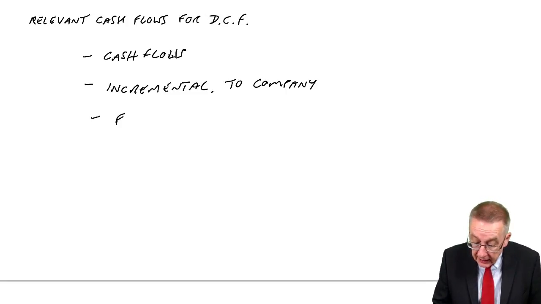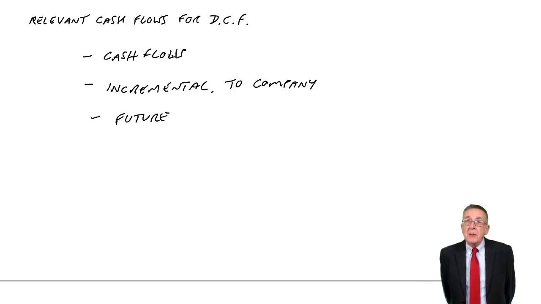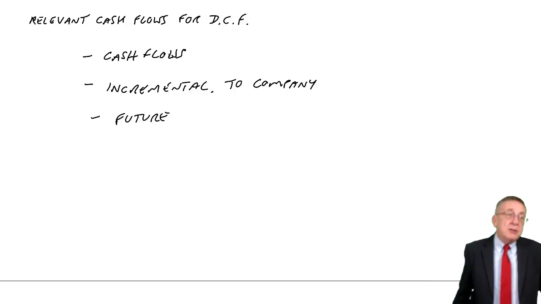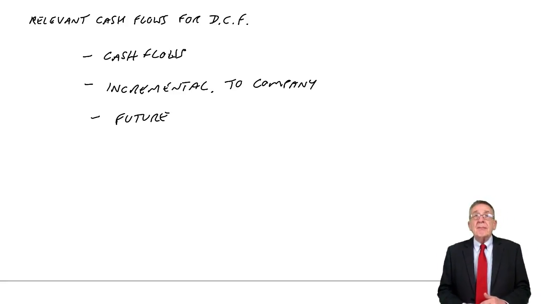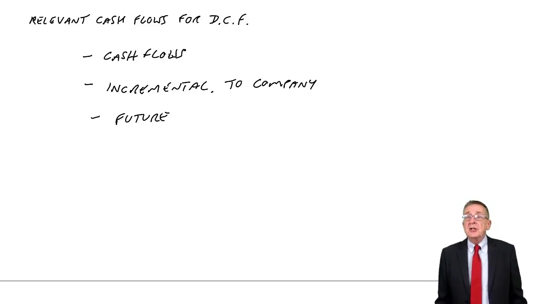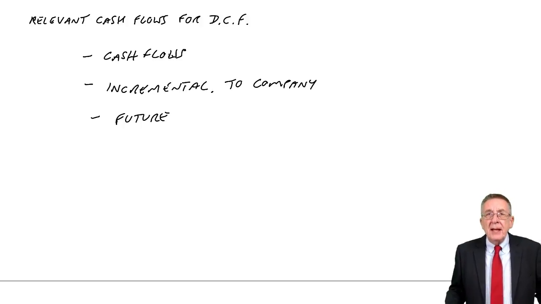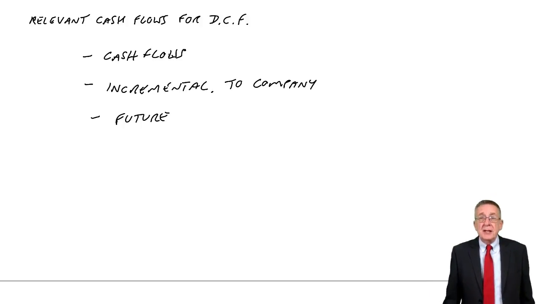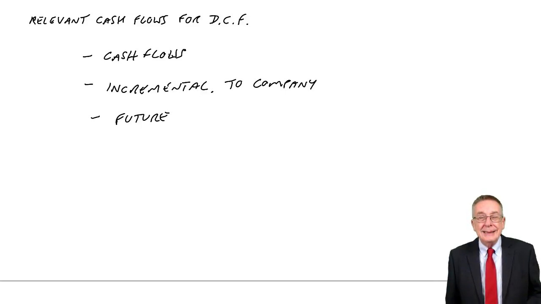It's all future cash flows. What I mean there is maybe we're thinking of buying a new machine which will cost us 100,000. We've done market research to estimate what the returns will be from the machine. We think it's going to generate 20,000 a year. We've had this market research done though, and the market research cost us 20,000.